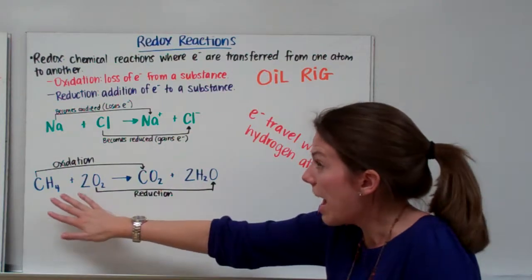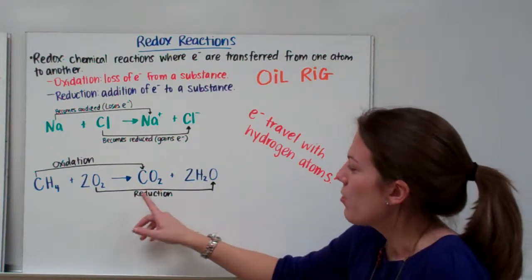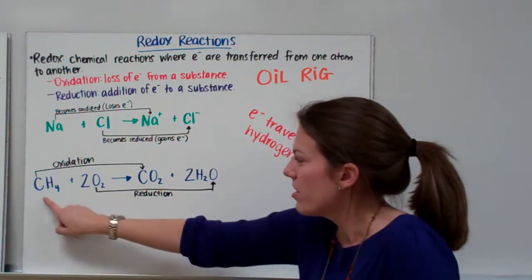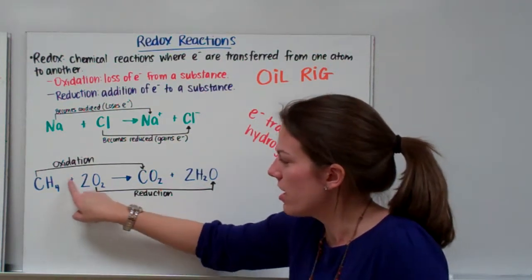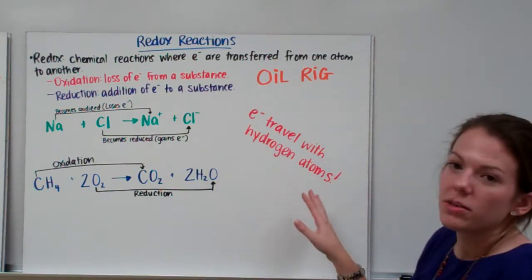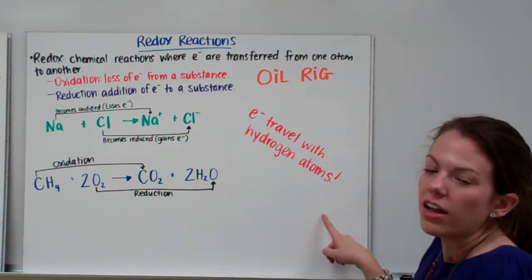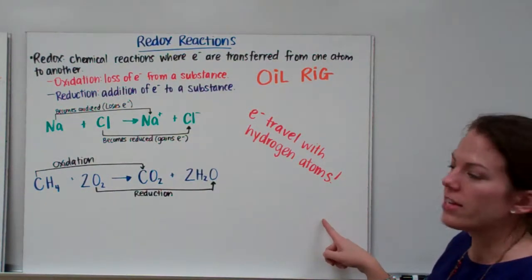Another example: we have methane and molecular oxygen, and we're making carbon dioxide and water. This carbon is losing electrons that are being carried along with hydrogen. Something important to note is that electrons travel with hydrogen atoms when we're talking about electrons moving in reactions in a cell.